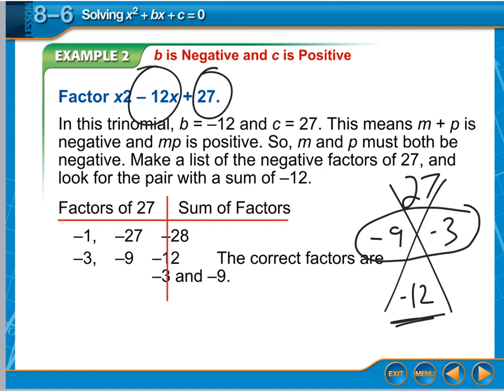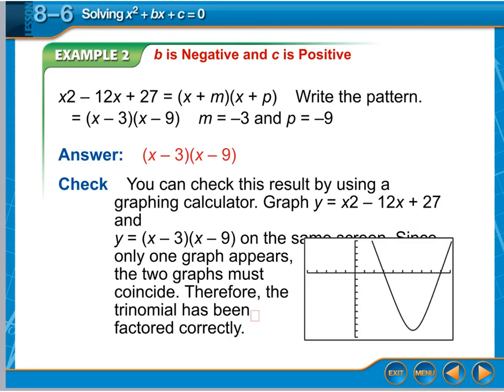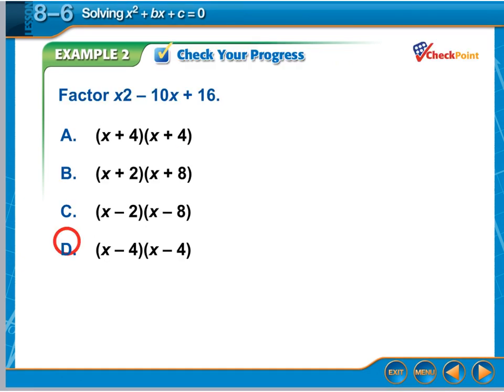Negative 9 times negative 3 is going to be a positive 27, and then negative 9 and negative 3 makes negative 12. And so those would be my answers. There you see those minus signs in there: x minus 3 and x minus 9. I'm not sure why they're doing this on a graphing calculator yet, because we haven't graphed a parabola yet, but we'll get that later.